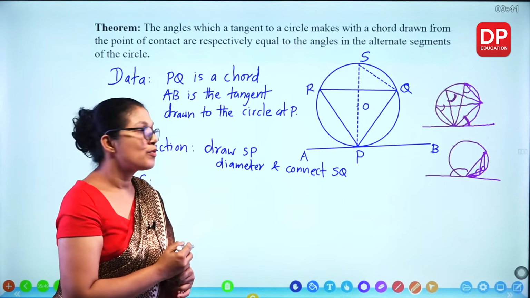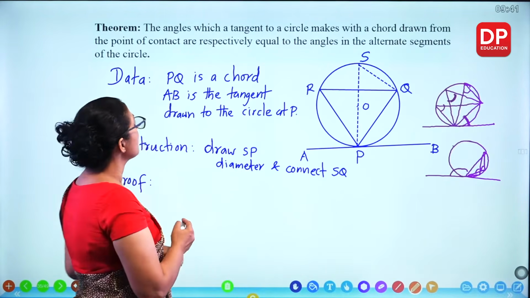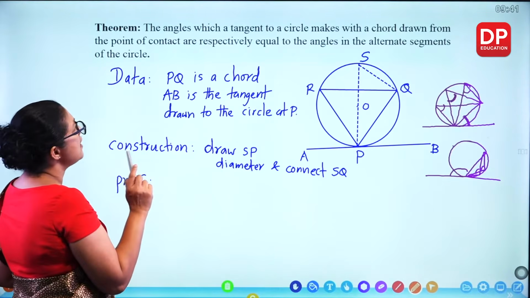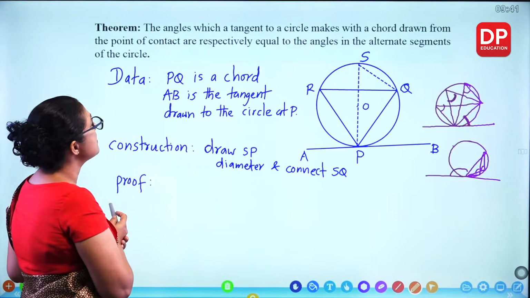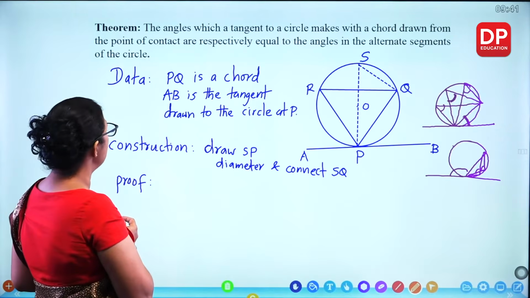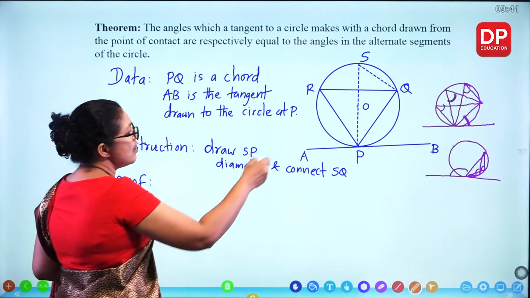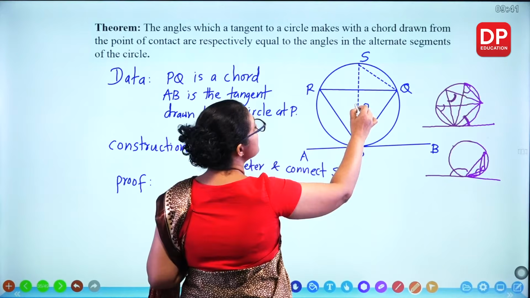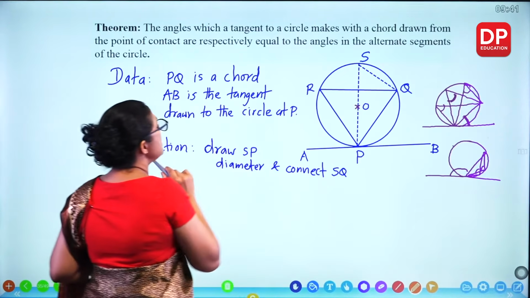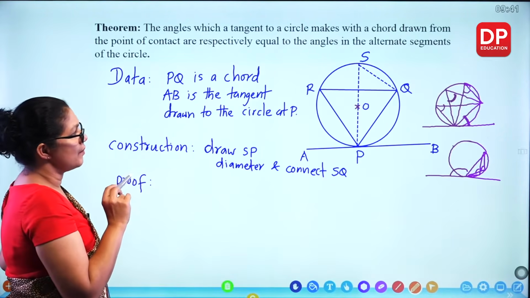So we'll try to prove this. Given PQ is a chord and AB is a tangent drawn to the circle at P. Construction: draw the diameter PS from the center and connect SQ.